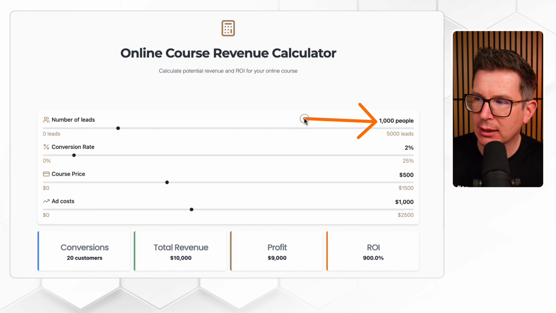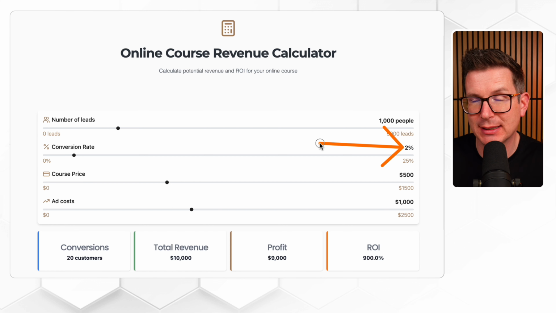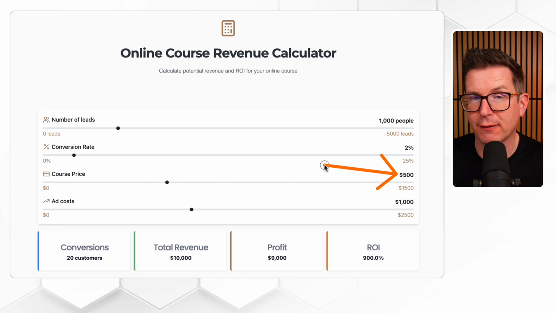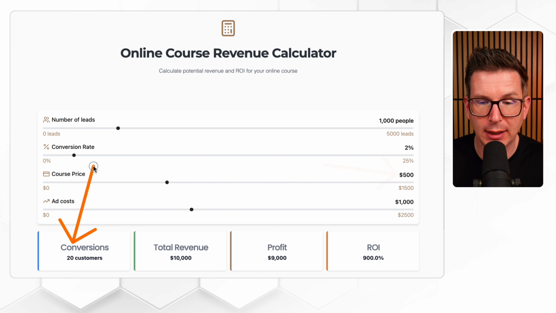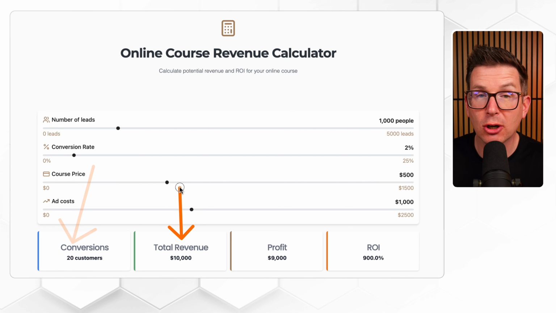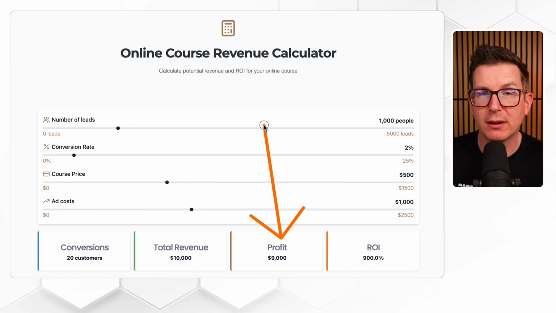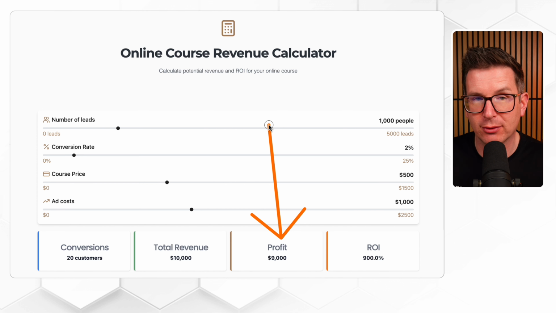So let's say for this example that we are spending $1,000 for ads. We're reaching 1,000 people. We are converting 2% into customers, and the actual course costs $500. So we still have 20 customers. Total revenue is $10,000, but we're spending $1,000, so the profit ends up being $9,000.